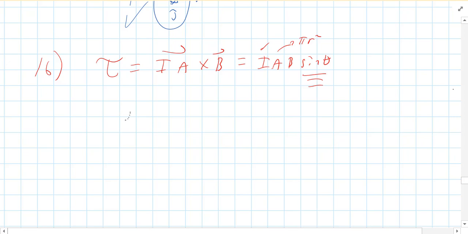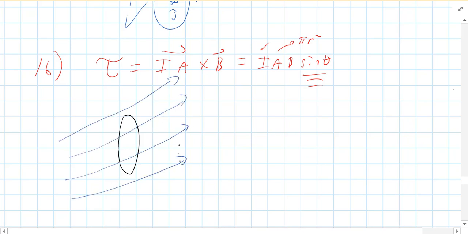Let's say here is your loop, okay? And the magnetic field, I'm going to try to draw this as best I can. Here's your magnetic field. And they say the angle, this is where the careful part is, between the plane of the loop and the magnetic field is 50 degrees, okay?